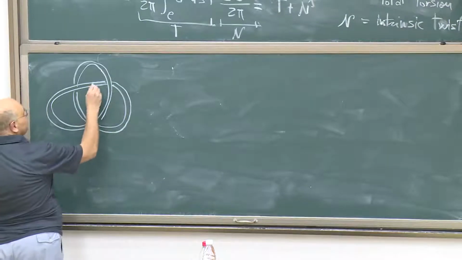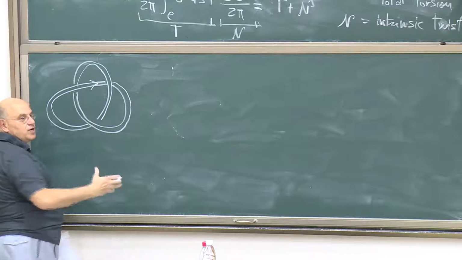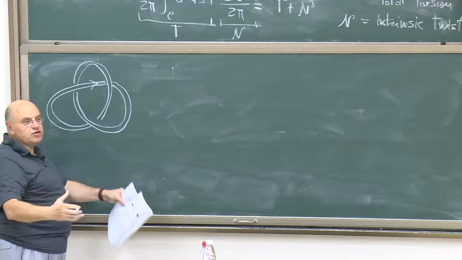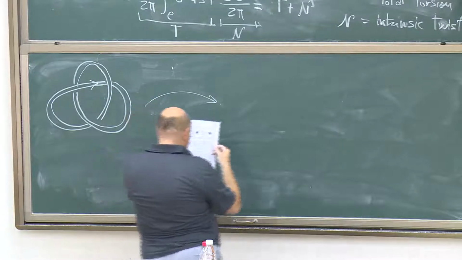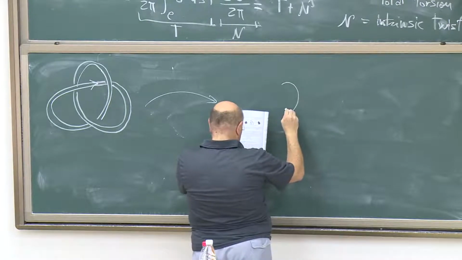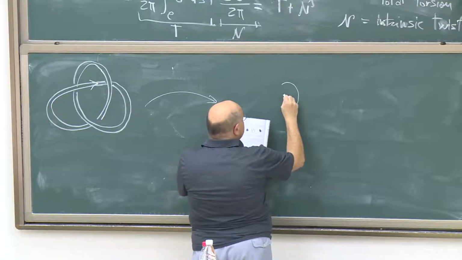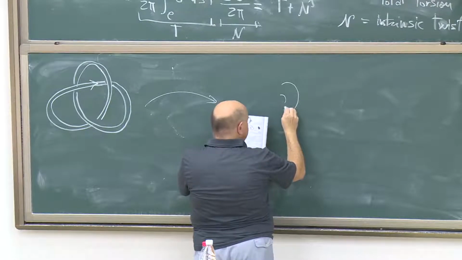But now we put a magnetic field in it. A magnetic field, we know what it's going to do. It is going to relax. So under relaxation, this thing, and I will attempt to draw what I want, like this.